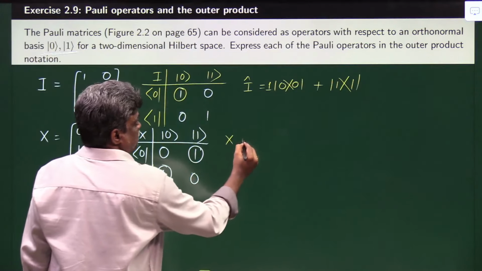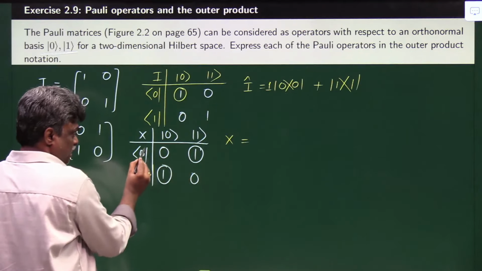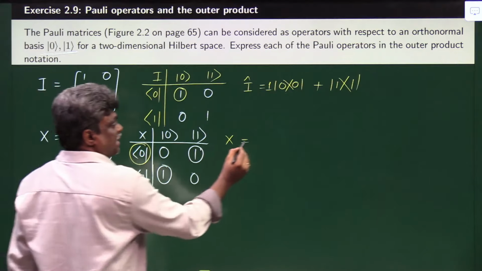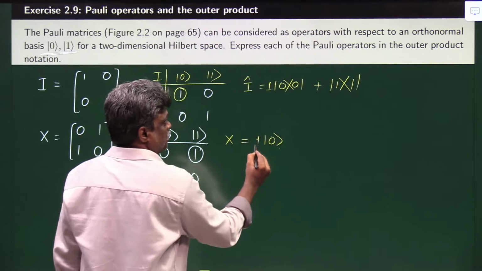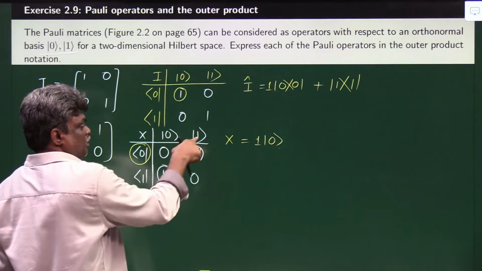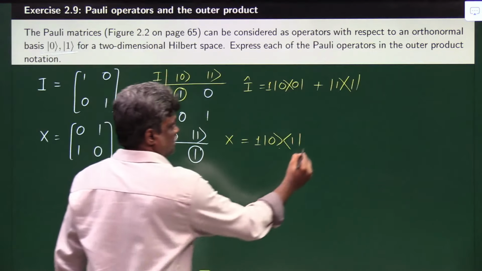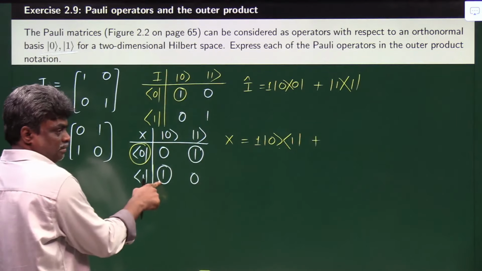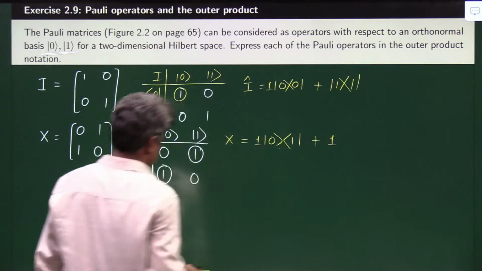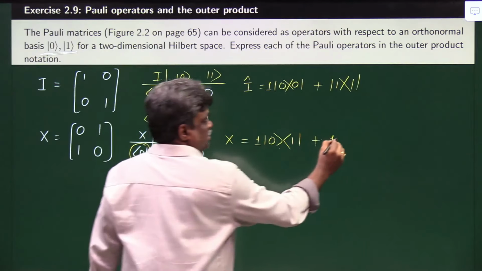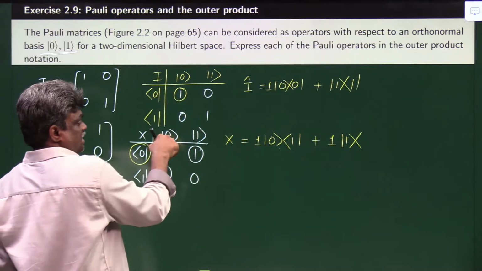The Pauli X matrix is equal to, here this is the 1, corresponding to this one, here is the bra vector, make it a ket vector. Of course the coefficient you have will come here, and this is the corresponding ket vector, make it a bra vector. That's it. Plus, here is a 1, the coefficient is 1, make this bra a ket, and the corresponding ket a bra.